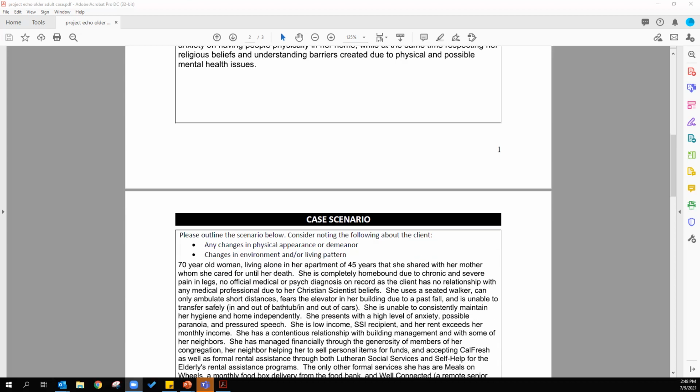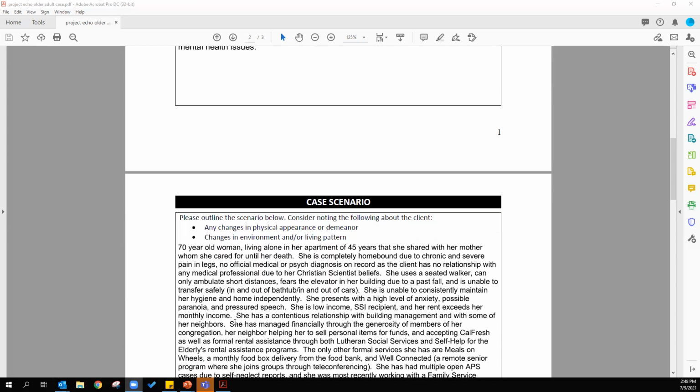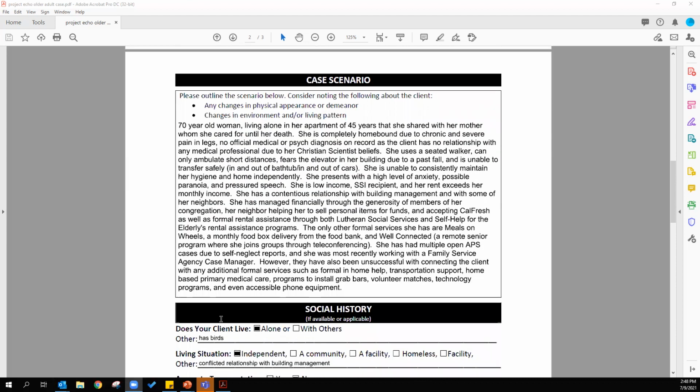She is unable to transfer in and out of cars and things like that, which is an addition to the obstacle to her getting anywhere. She has difficulty maintaining her hygiene in her home. She has a high level of anxiety, and it's really difficult to get her to stay on topic. And she really perseverates on certain things, but there's no glaring memory issues. So her cognition seems to be intact in some sense.